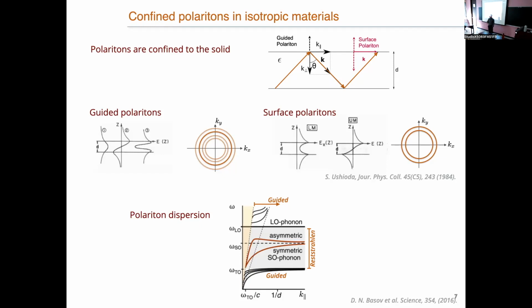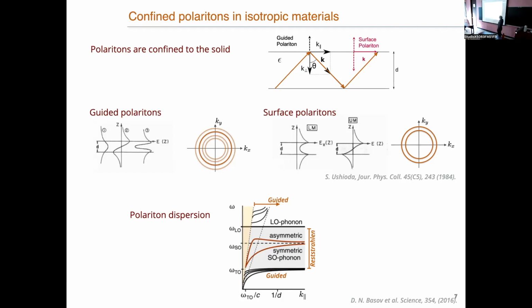If we plot the isofrequency curves, at a given frequency, we'll find out that in this isotropic material, the polariton can propagate in the plane of the sample following these circles, right? The wave vector must be on one of these circles, depending on which mode you get.